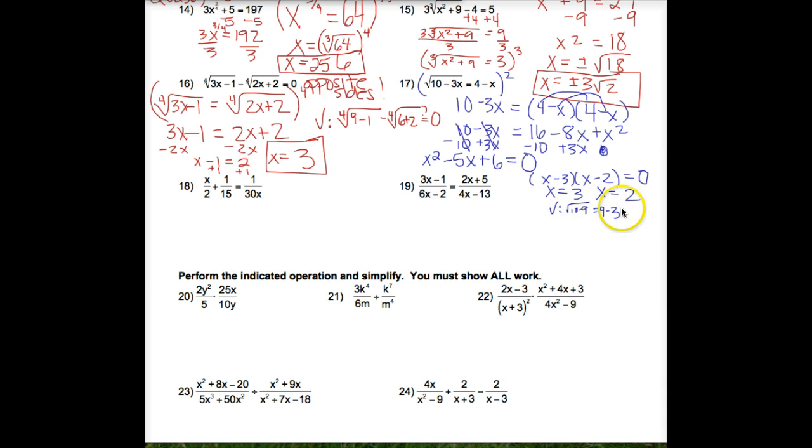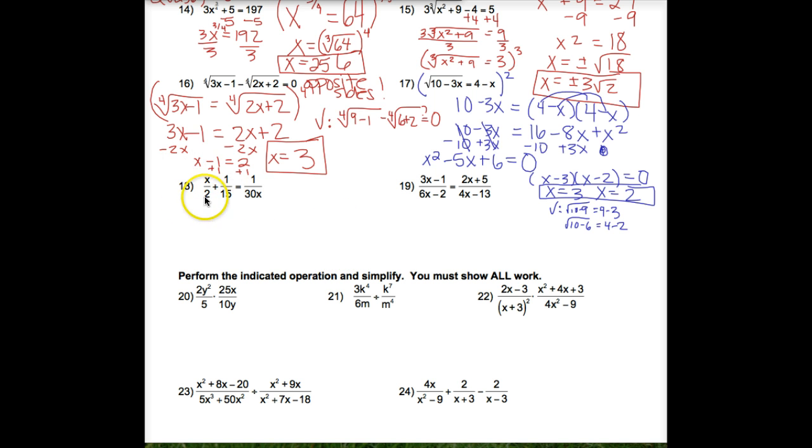So 3 works. The 2, square root of 10 minus 3 times 2 would be 6, so 10 minus 6 equals 4 minus 2. Square root of 10 minus 6 is square root of 4, which is 2. 4 minus 2 is 2. So both solutions work in that as well.